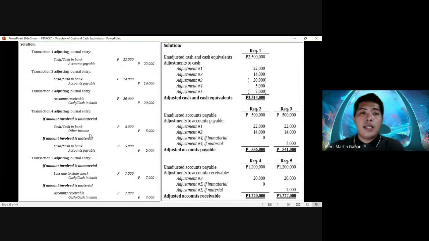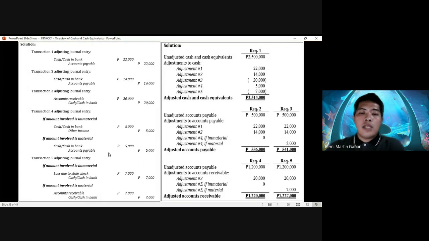So our credit is other income: debit cash or cash in bank, credit other income. But if material, the credit is accounts payable. So the company is still anticipating that the supplier will run after it because of the non-encashment. So no payment happened.